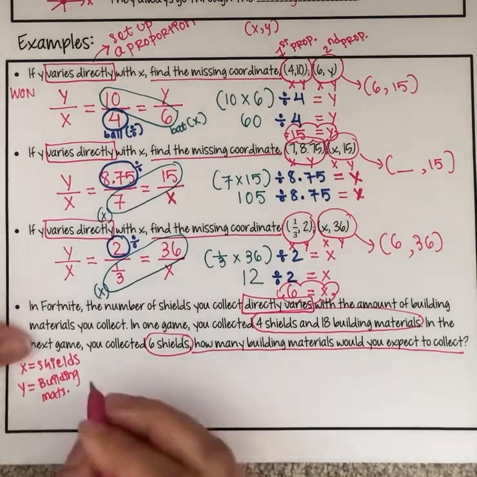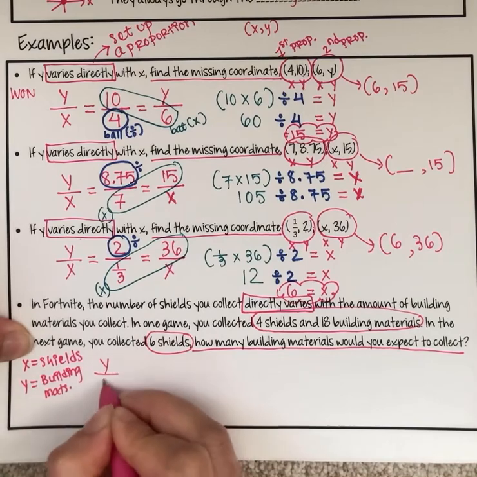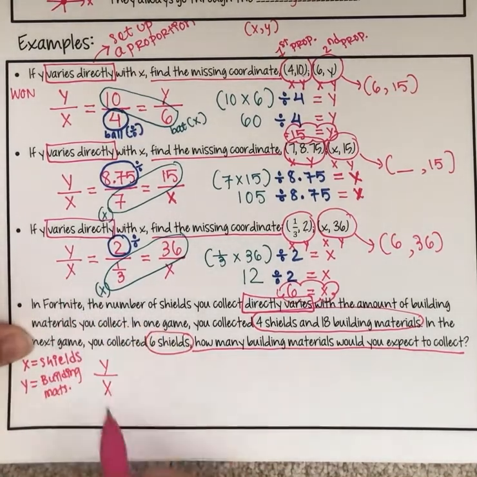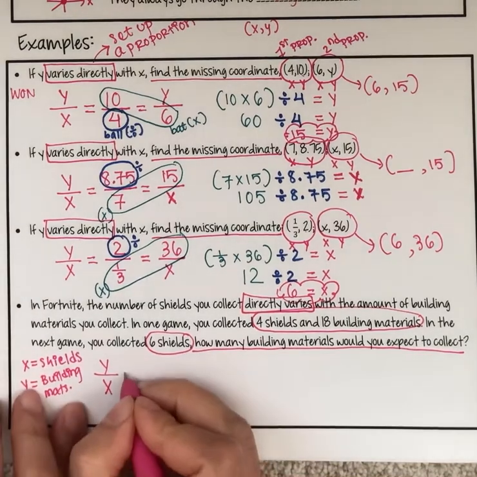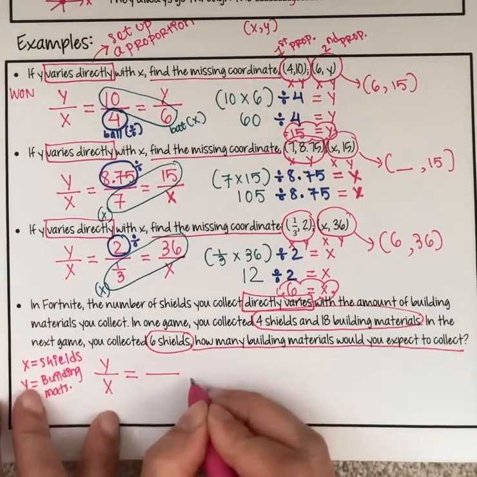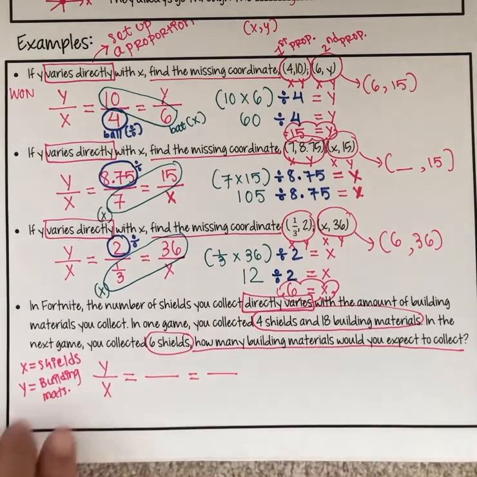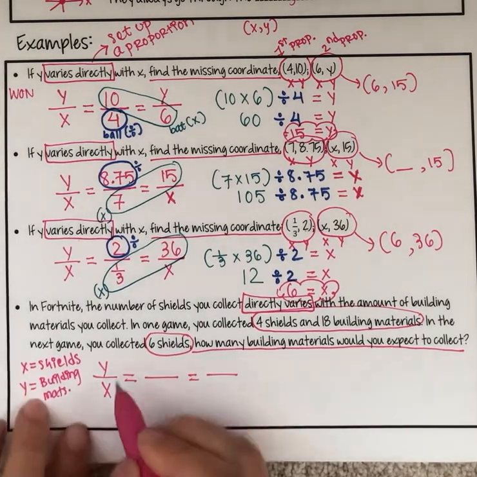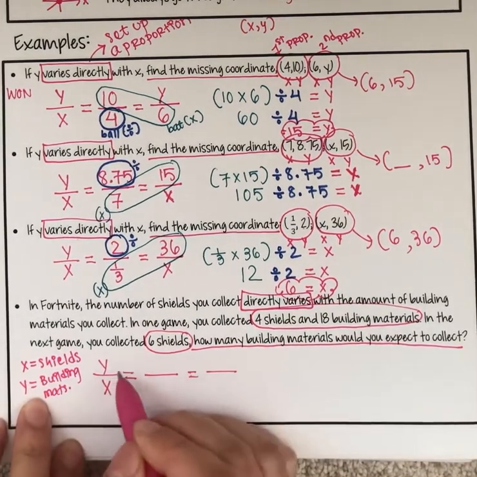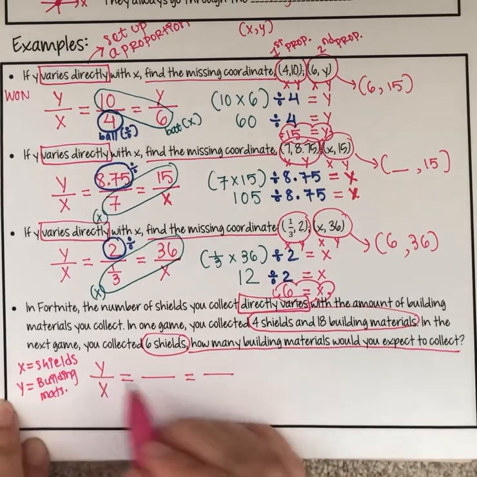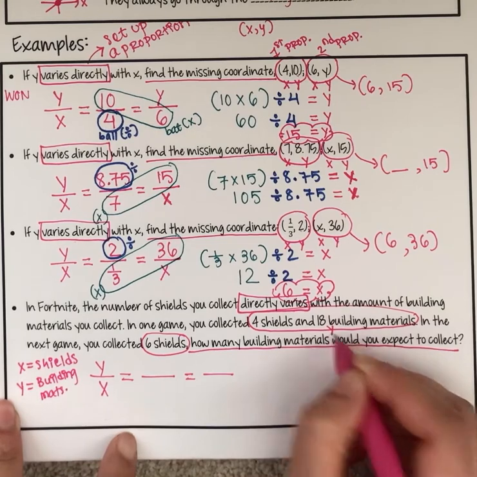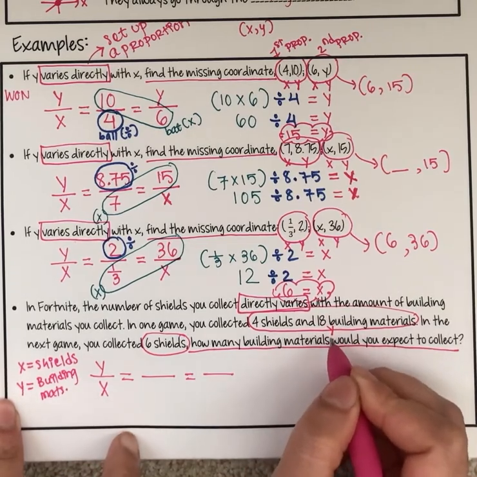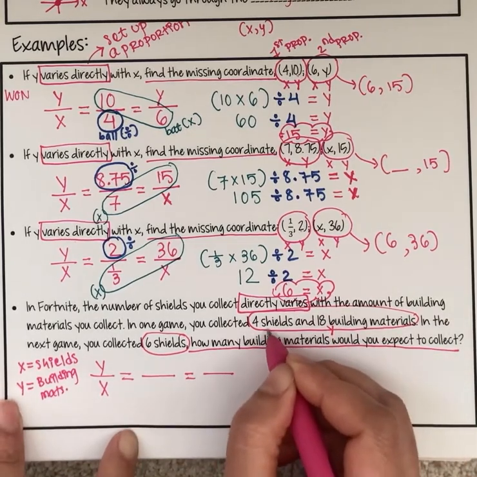Okay, so it's always going to be y over x. Remember, setting up your proportion because we have directly varies. Okay, equals, we have a proportion here and then another proportion here. So what is our original, or the one that is given to us? What's the y value there? Well, 18 building materials, so I'm going to put a y there because that's building materials, and 4 shields is our x.